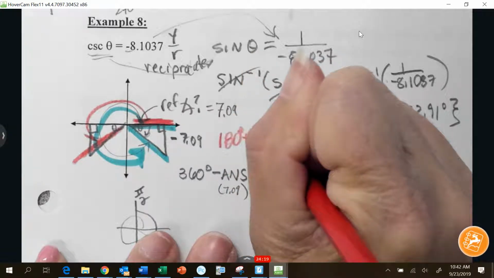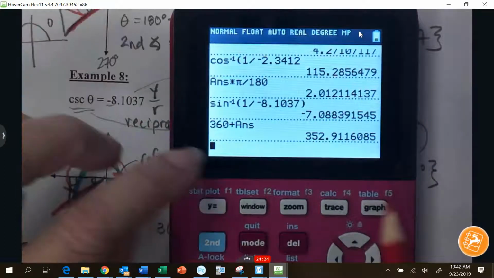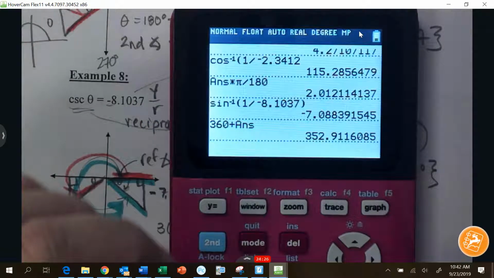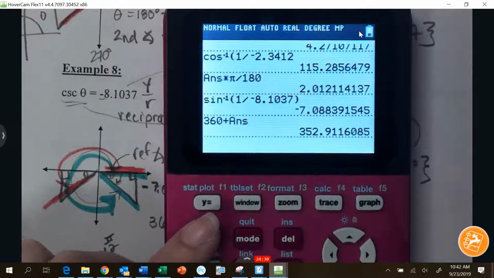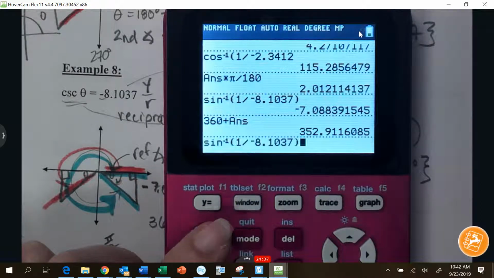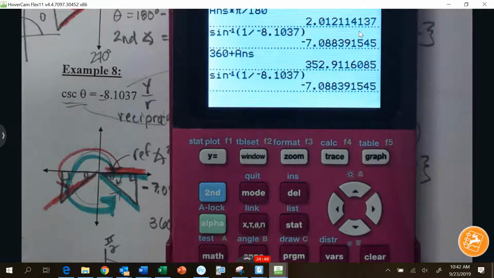But on my calculator, I'm not going to use just 7.09, I'm going to use the full thing. So I'm going to manipulate my calculator here. The older calculators, you can do this much easier with the newer ones. If you have the older calculators, I would probably do second answer, so I could get that question up and do it again. Just so you know.